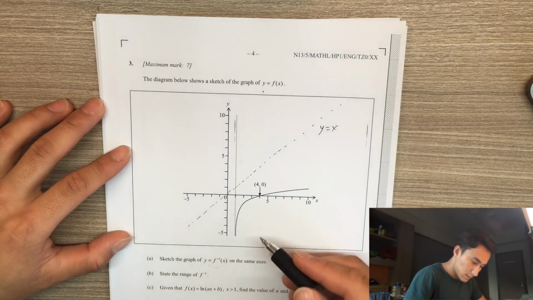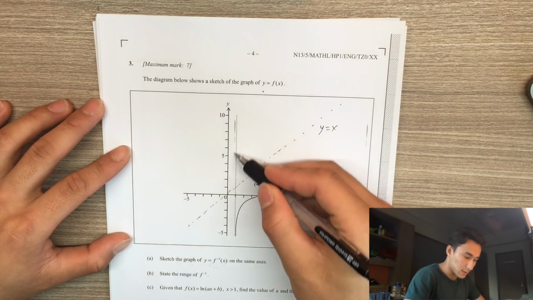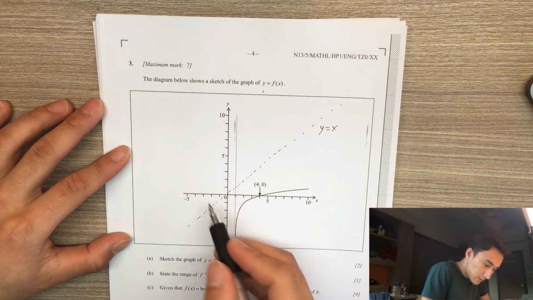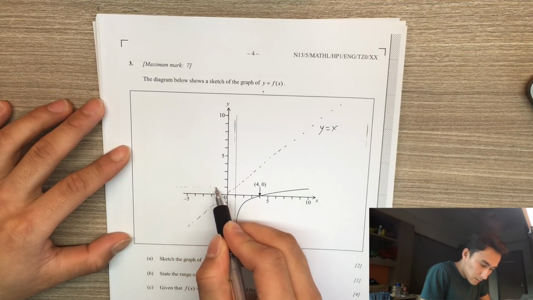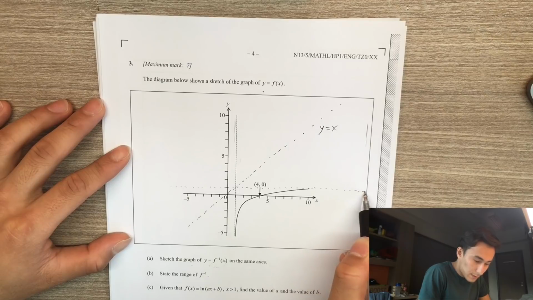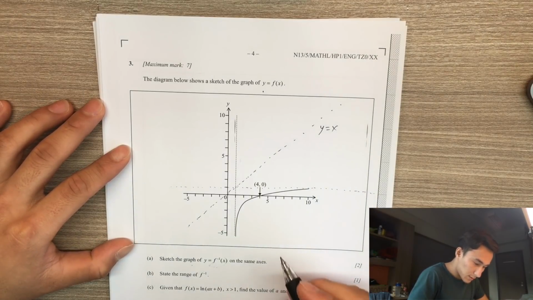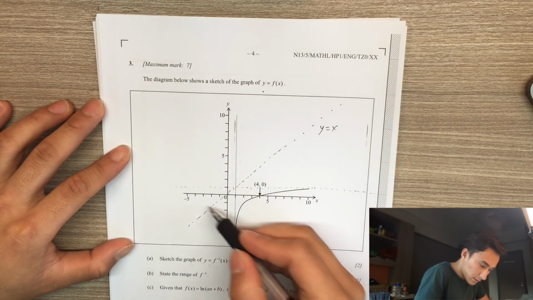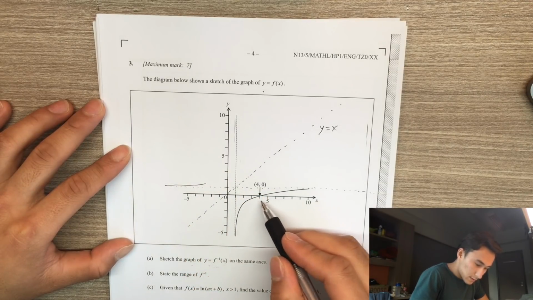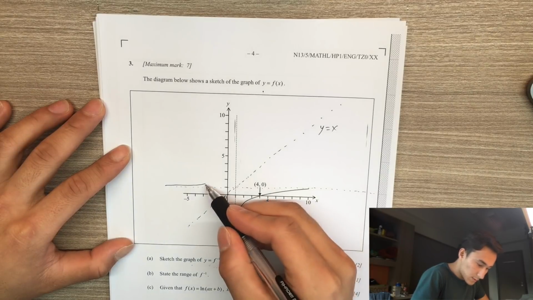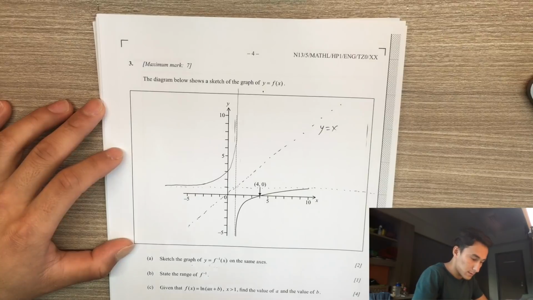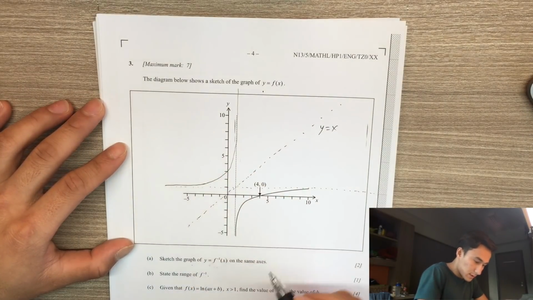So we have a vertical asymptote at 1, and we will have a horizontal asymptote at 1. This will be the asymptote of the inverse of f. Now, we will have it going like this, and this part seems to be going to 1 as well, so it will be going like this.